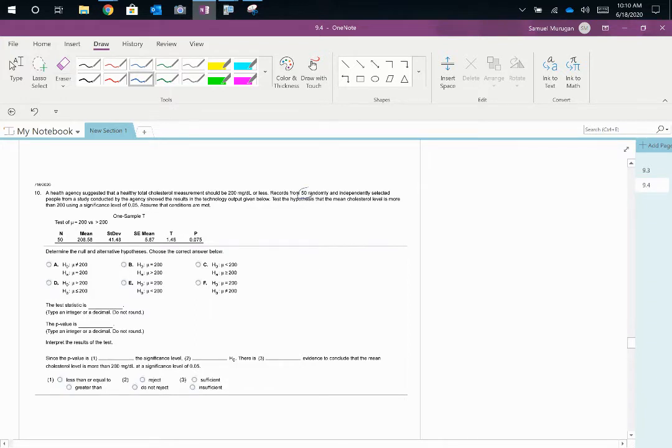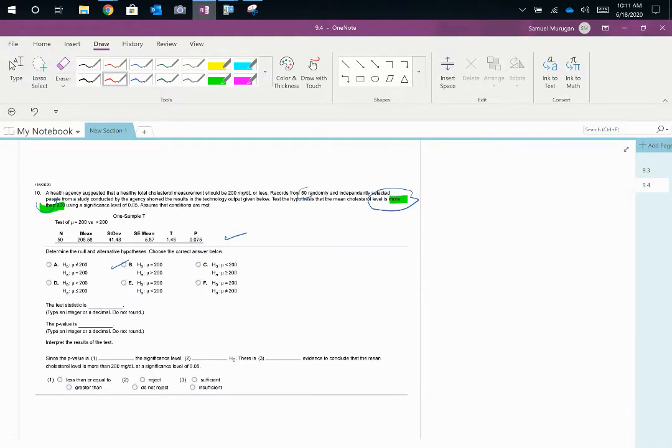Records from 50 random and independent, from a study conducted by the agency showed that the results in the technology output given below test the hypothesis that the mean cholesterol is more than 200 using a significance level of 0.05. Okay, so the null hypothesis we know would be equal. The null hypothesis would be equal, and now we're checking more than 200, so greater than for the alternative hypothesis.